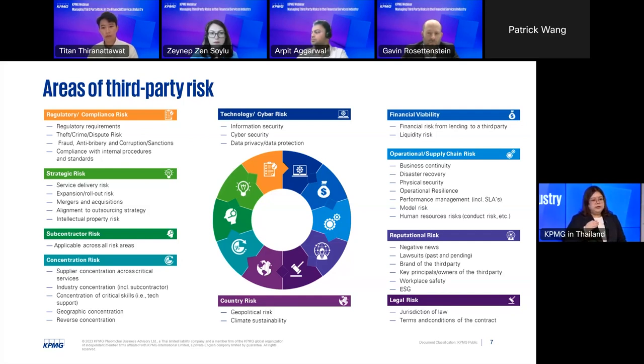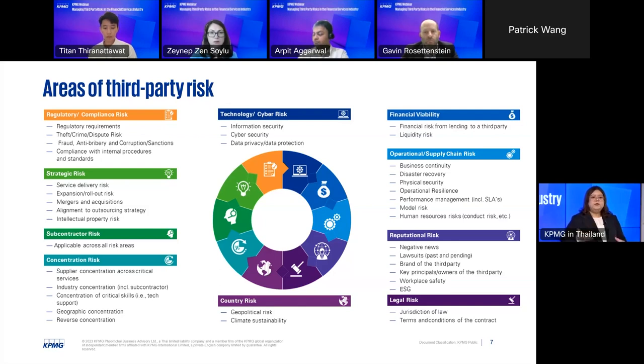Another one is, if you use a third party to provide technology services, you might have to focus on security controls, security risks, cyber risks, or data privacy risks.